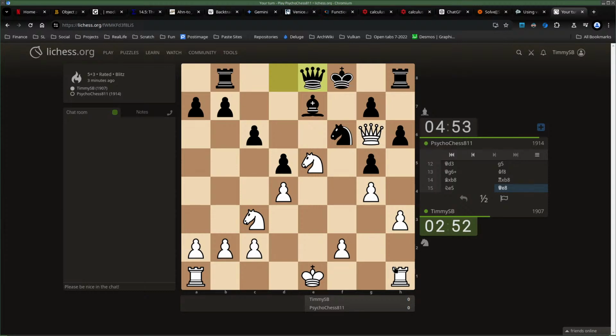I would like to have pushing this pawn a problem. Kind of is. I'm gonna go this way.